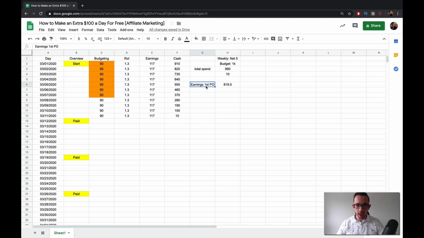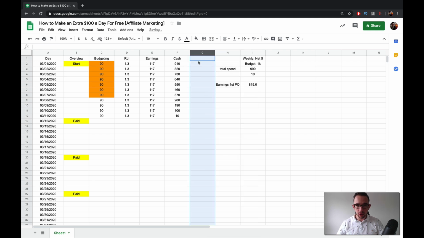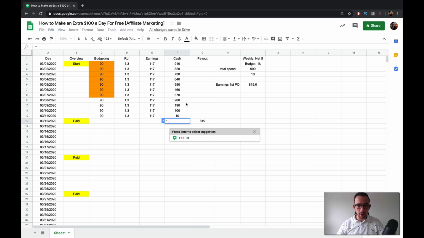So here we have, let me just push another column, payout. The payout here would then be the sum of those first 7 days of earnings, right? Keep following, because it's gonna get complicated. Then what we do is we add this to our total cash, and here the cash would then be 10 plus 819, which is 829, right?